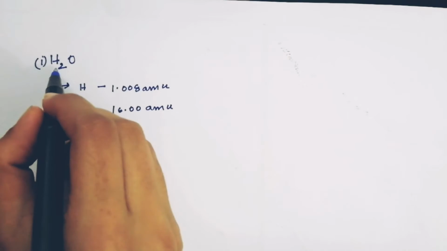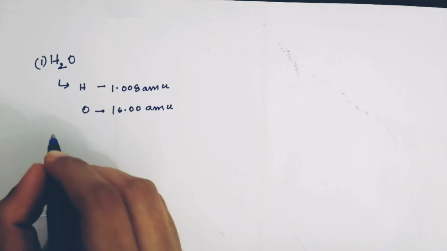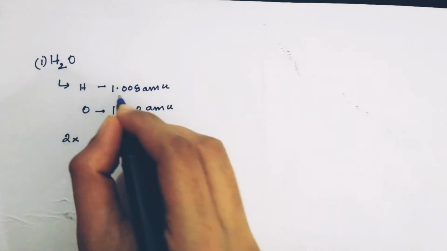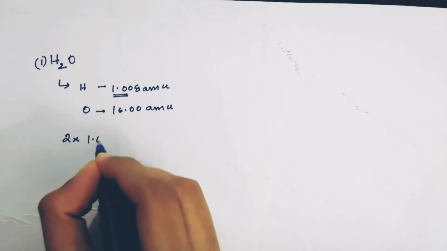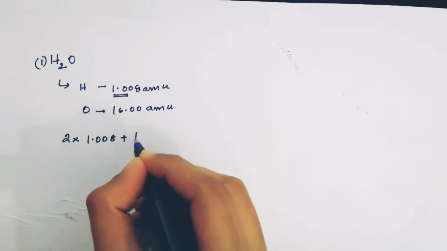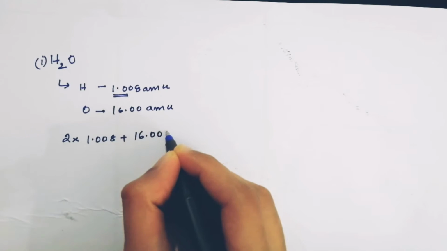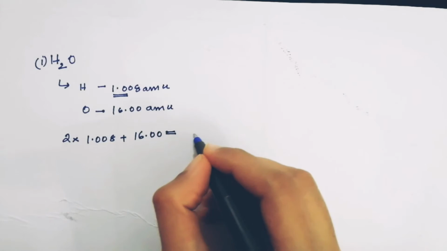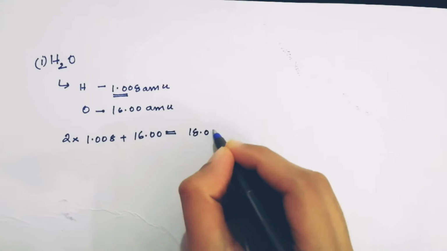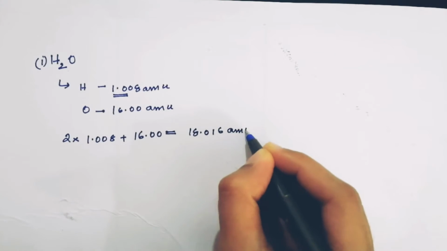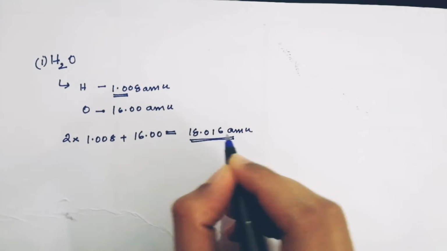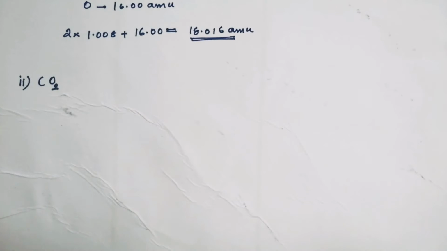But since we are given two hydrogen atoms, we have to multiply this value with 2, and then add the 16.00, which gives us a value of 18.016 AMU. And this is the molecular mass of H2O.